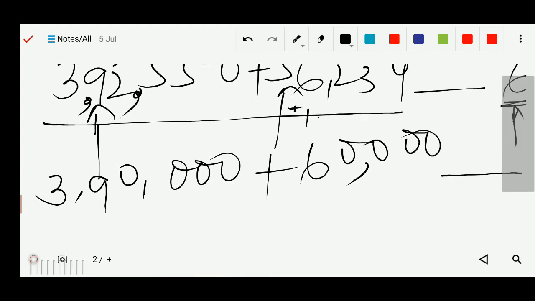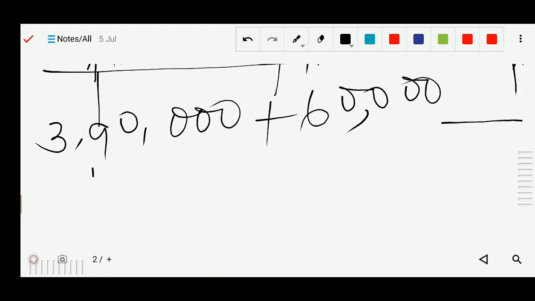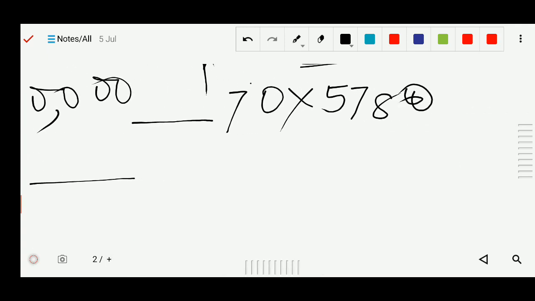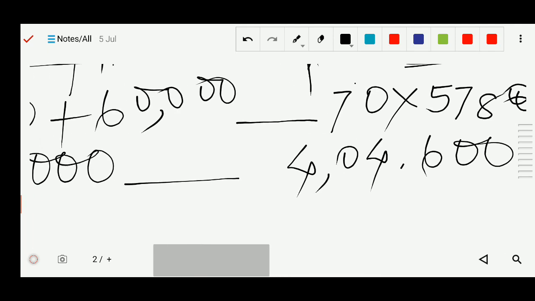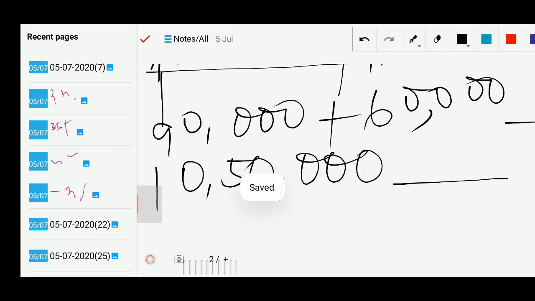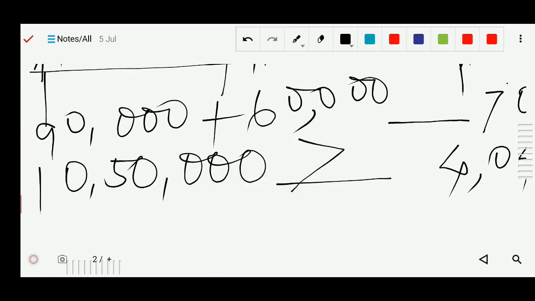Once you multiply, you will get 10 lakhs 50,000. Okay, this is your blank. You can multiply nicely in your copy. Now check which number is greater. Of course this is the greater number, so you can put this arrow.